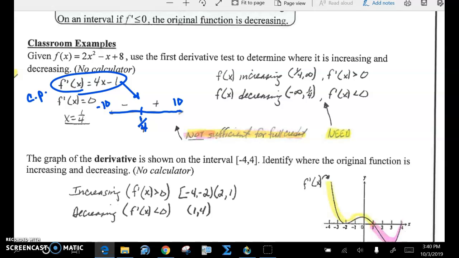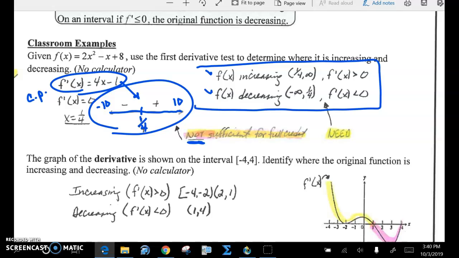Now, a long time ago, in the early 2000s, this used to be sufficient to prove where my graph is increasing and where it is decreasing. They took it out. They said you can use this as a visual for yourself, but that does not constitute a justification. Your justification is what's written over here. So this is the key thing you would need to write: f of x is increasing from 1/4 to infinity.